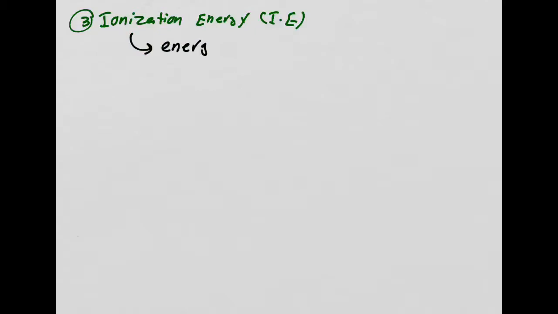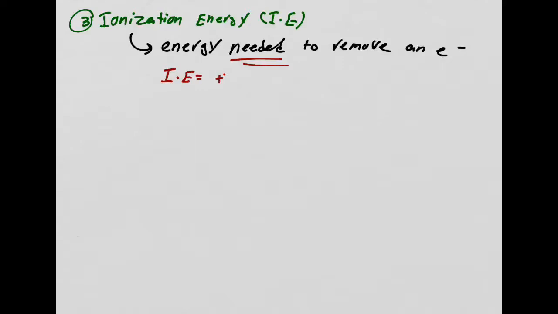Ionization energy is the energy needed to remove an electron. You need energy to remove an electron. So ionization energy will always be positive because you require energy in order to remove an electron.